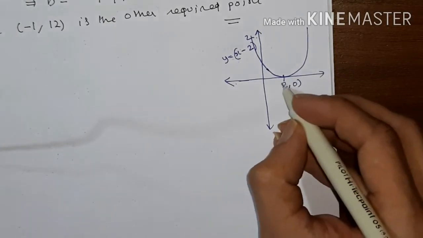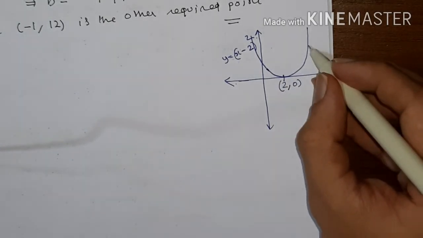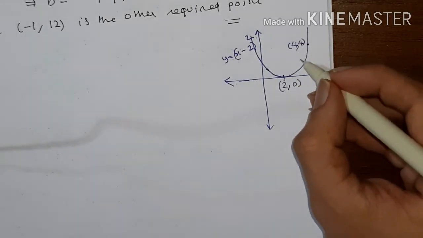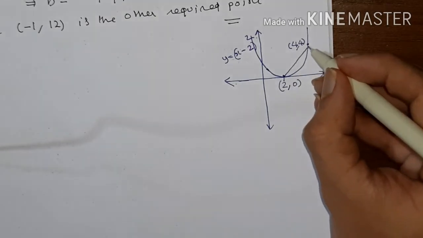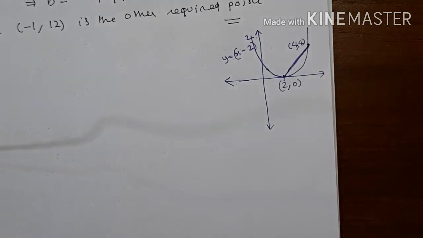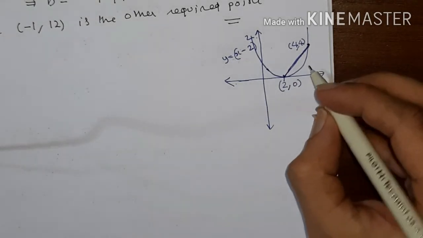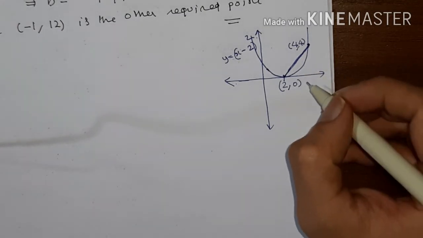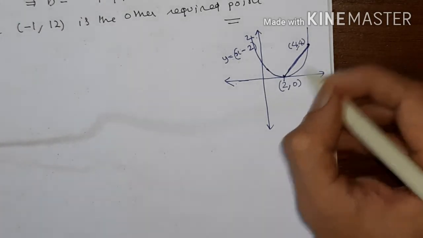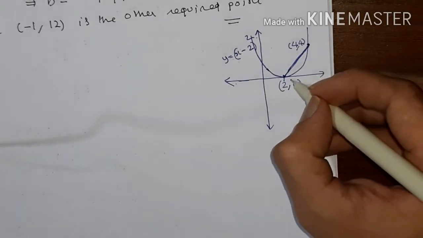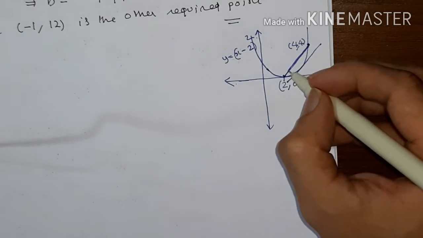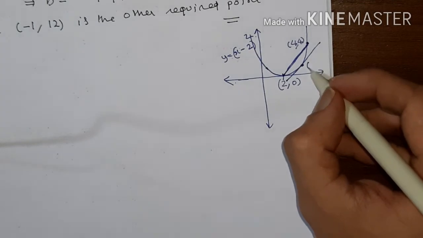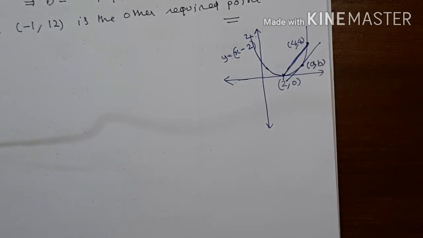If this is 2 comma 0 here, and suppose this is 4 comma 4, the chord joining 2 comma 0 and 4 comma 4 is this. So we have to find the point on the curve at which the tangent is parallel to this chord. Let us call it a comma b. This point you have to find.